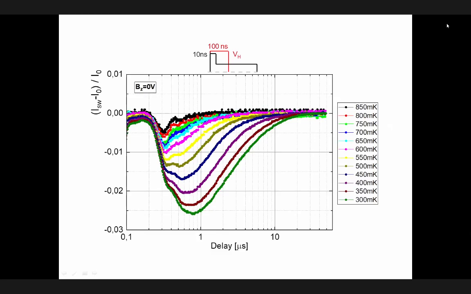I have some value when there is no heating, and then I want to see by how many percent, this is 1%, 2%, 3%, my switching current was suppressed due to the heating pulse. I use the same power for the heating, but I do it at different temperatures. I already told you that electron-phonon coupling becomes very effective at high temperatures. So this is expected, yes.